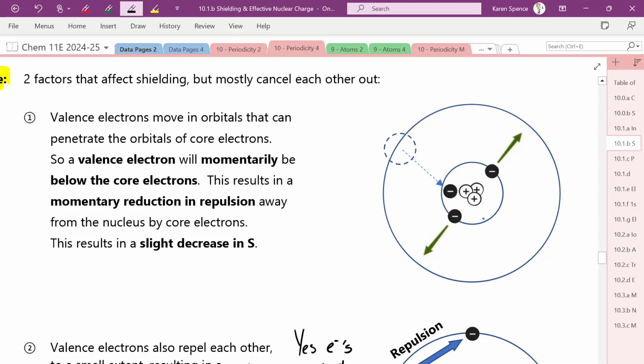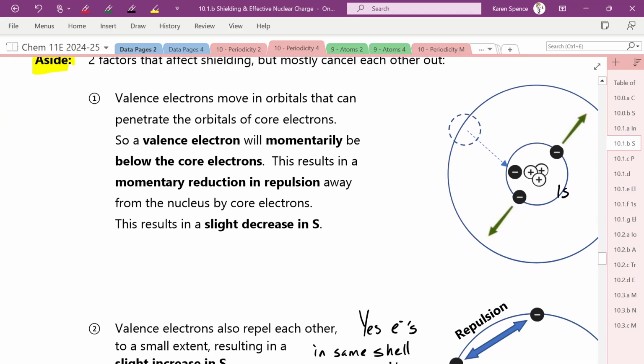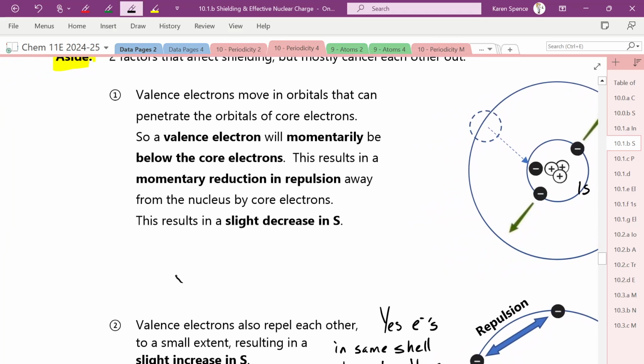We have the 1s here. We have the 2s here. And if you remember, the 1s actually looks like a sphere. And where is the density of that sphere? It is in the center.